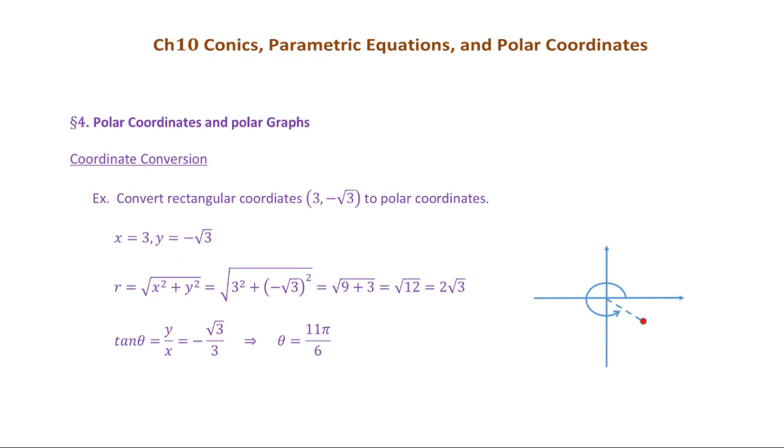So again, the rectangular coordinates are given: x equal to 3, y equal to negative root 3. Again, just use the formula r equal to the square root of x squared plus y squared. So we get 3 squared plus negative root 3 squared. 3 squared is 9, and for negative root 3 squared, you don't have to worry about the negative sign because when you square it, it becomes positive.